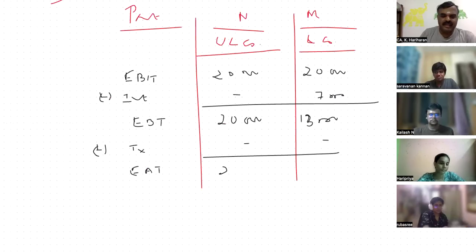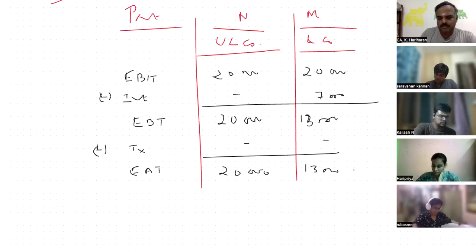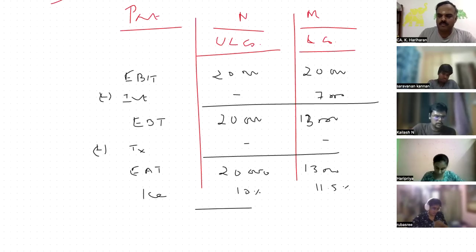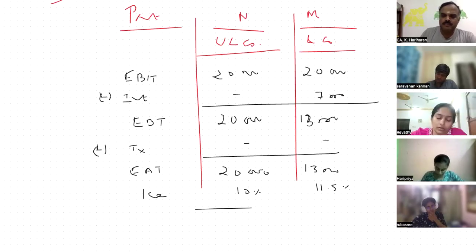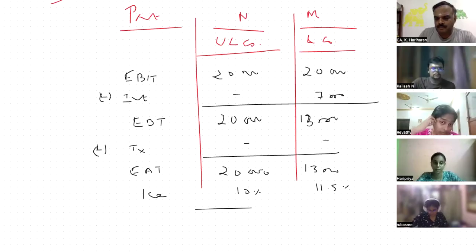Any capitalization rate, Ke, given? Yes, sir. Ke is equal to 10% for N and 11.5% for M. So value of equity is equal to 2 lakhs for N. For M it is 1,13,043.